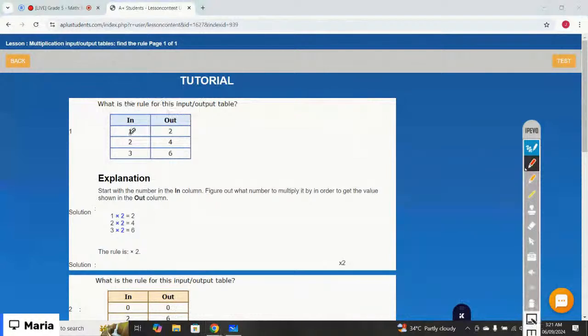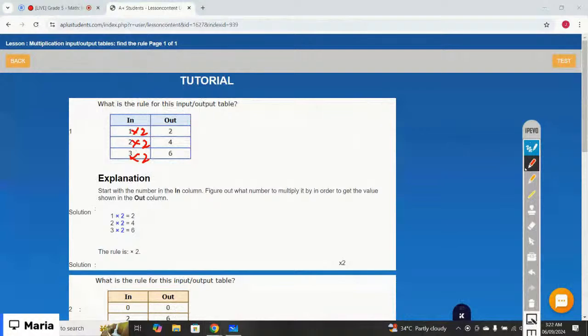If you look at this, you have to do 1 times 2 is 2, 2 times 2 is 4, and 3 times 2 is 6. That means you multiplied each input value by 2 to get the output value, right? So the rule is you multiplied by 2. Got it?